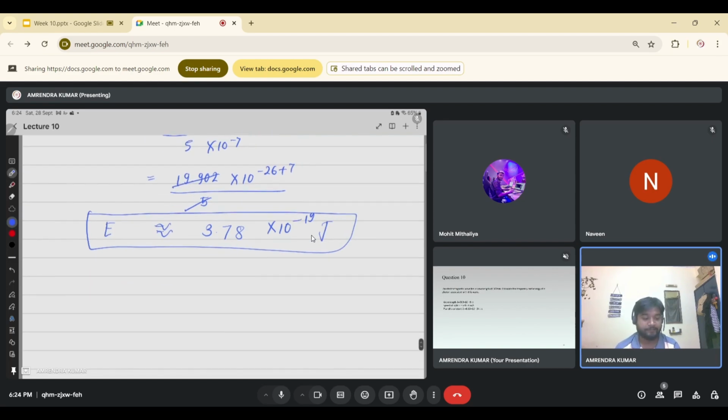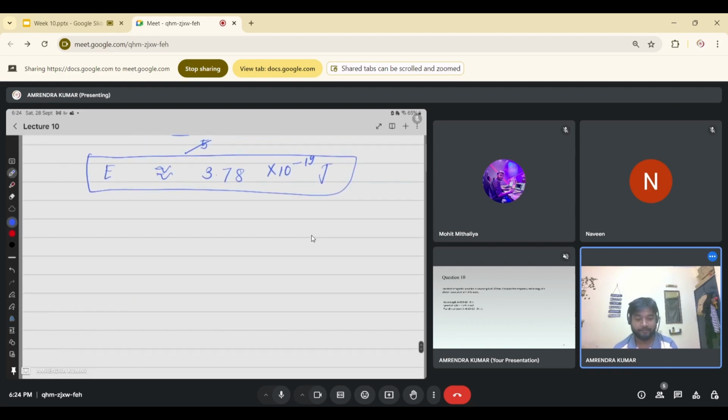So I used the term photon. What happens is that this is an electromagnetic wave, so it is not continuous, it is quantized. So electromagnetic waves are quantized. That quanta is called the photon.